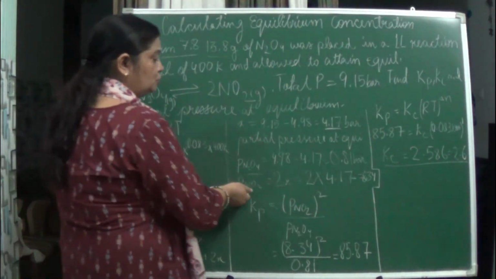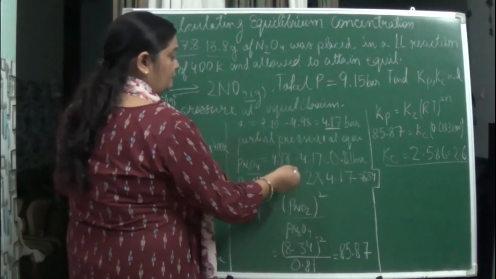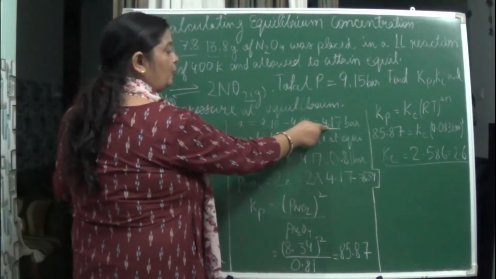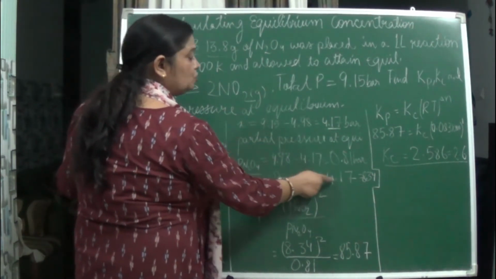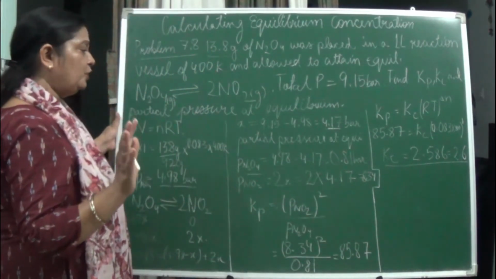Now for NO2, it is written 2x, and the value of x you have got here is 4.17, so 2 into 4.17 becomes 8.34 bar.